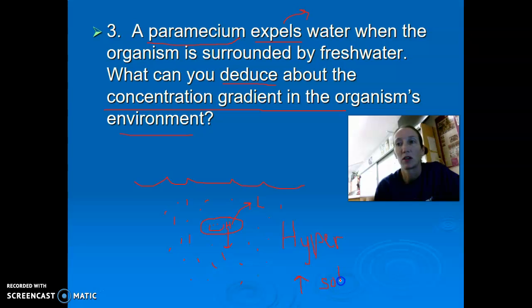Maybe it's a really dirty pond. Maybe it's Pioneer Pond, and it has tons of solute. That could be dirt particles, algae particles, fish particles, whether it's poop or living material, whatever it is. It has such high solute that the paramecium actually has a higher water concentration.